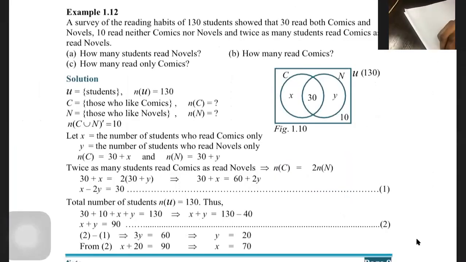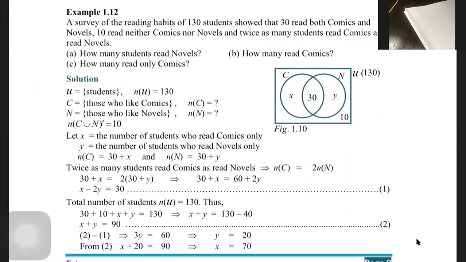So U is equal to 130, like you have there. Now, 30 read both comics and novels. So your intersection here is given. That is the 30 there. I hope you can see the chart. Yes, sir. Good.